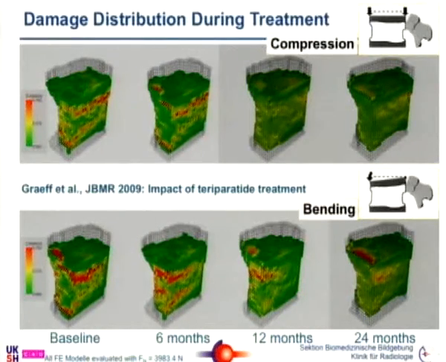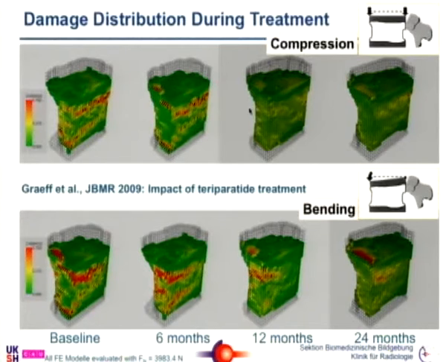What is also nice is you can see where are the red spots before and after treatment. Remember, the red spots reflect areas where it's most likely that fractures, microfractures occur, and then you have sort of an avalanche, and the whole vertebra is gradually collapsing. So if you look at the top left here, you see that you have a lot of red areas of great risk to fracture.